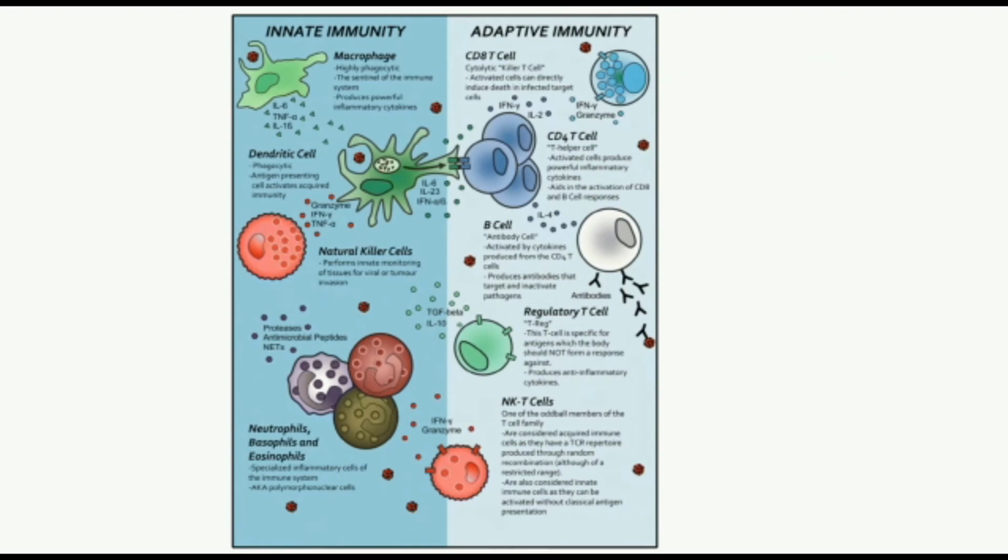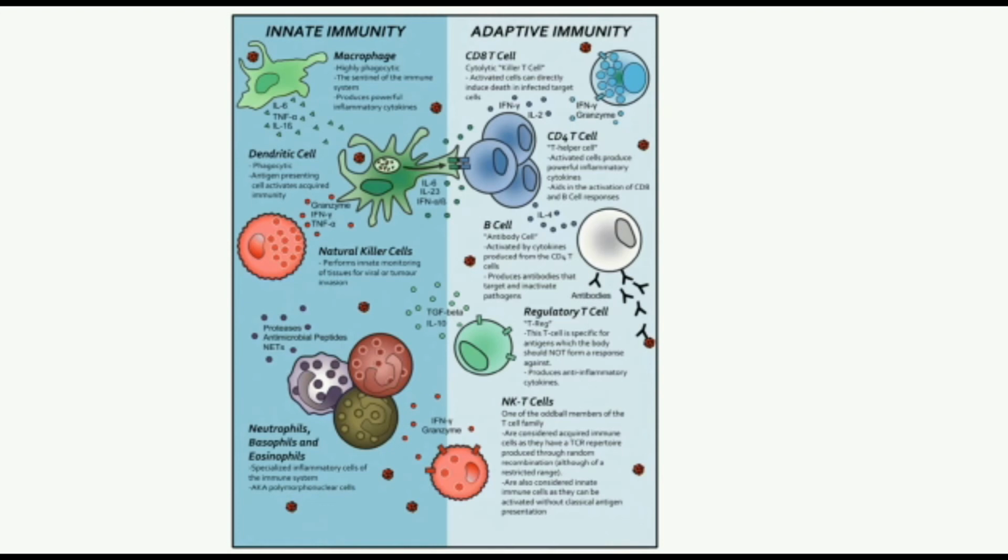After the activation of innate immunity, these innate immune cells pass signals to the adaptive arm. Then CD8 cells, B cells, CD4 cells, regulatory T cells, and natural killer cells are activated. When pathogens enter, macrophages identify and engulf them.